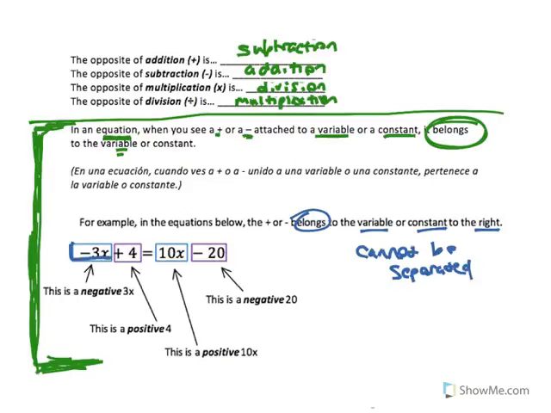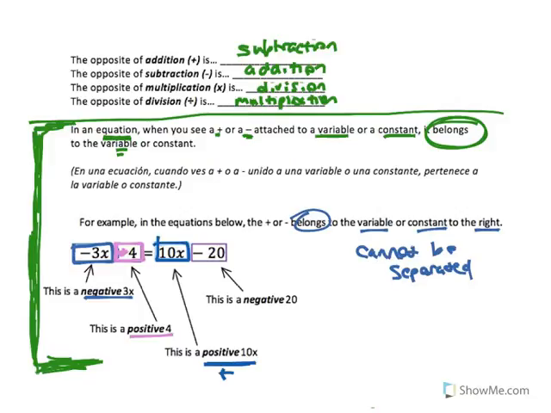This negative sign makes it a negative 3x. This positive sign makes it a positive 4. There is no sign here, so we can assume that this is a positive 10x.